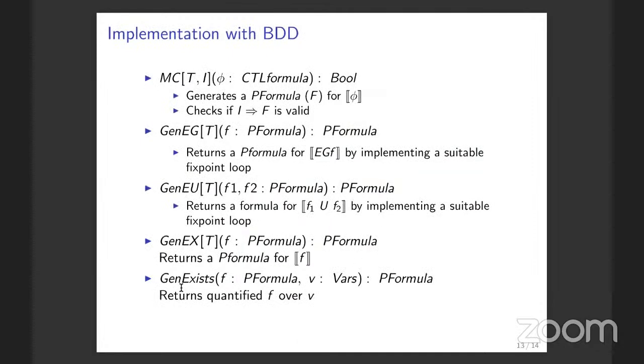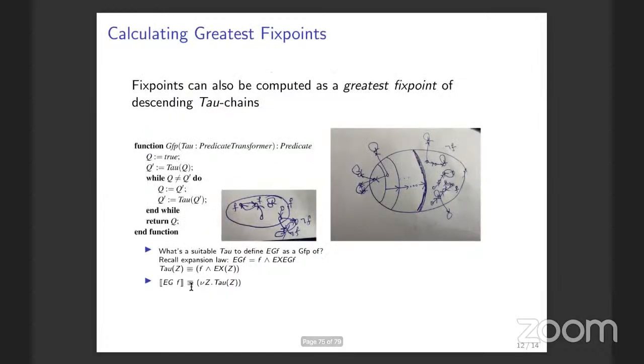Now, with this, you are ready to implement a CTL model checker. All you have to do as an exercise, which is actually given in the book also, is to define a tau for AR. I certainly recommend that you define what that tau should be.